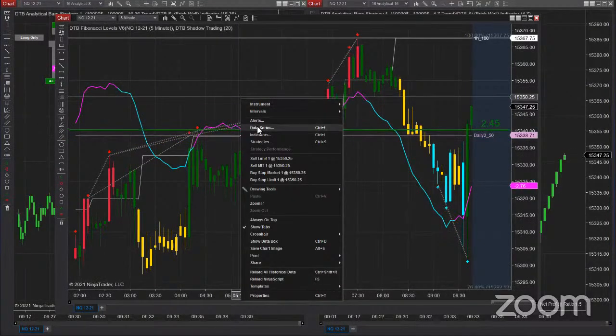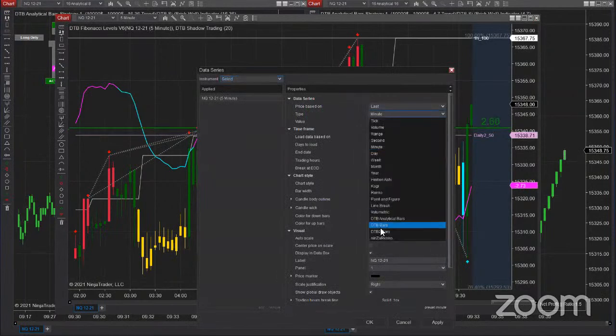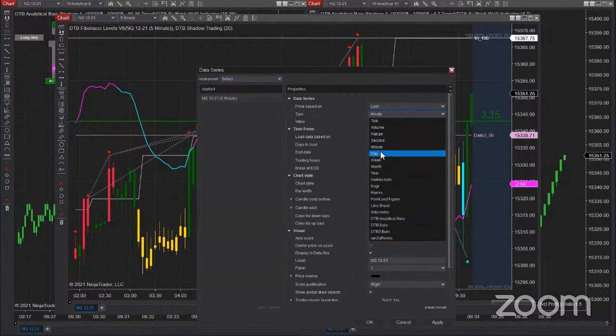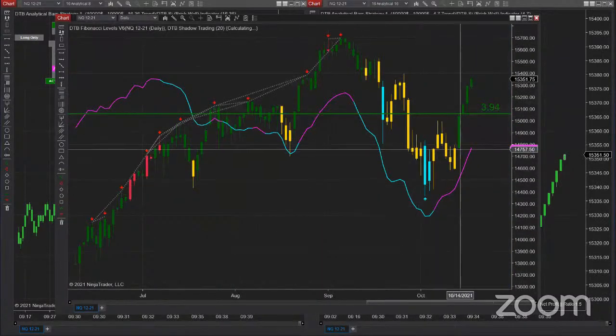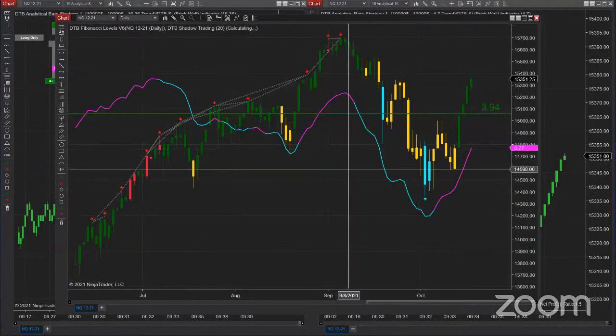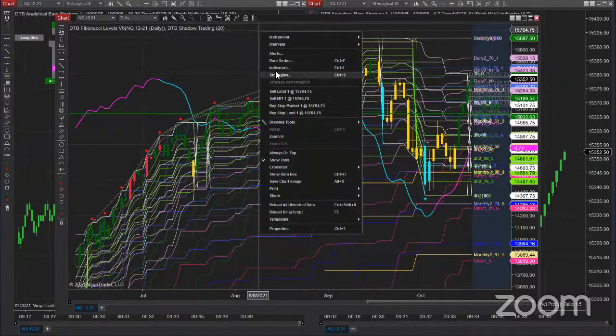For interest's sake, let's have a look at the longer-term charts. They are definitely going to show you the price very nicely, even on the shadow trading. So there's a daily chart as an example. Okay, I'll take the fib levels off.